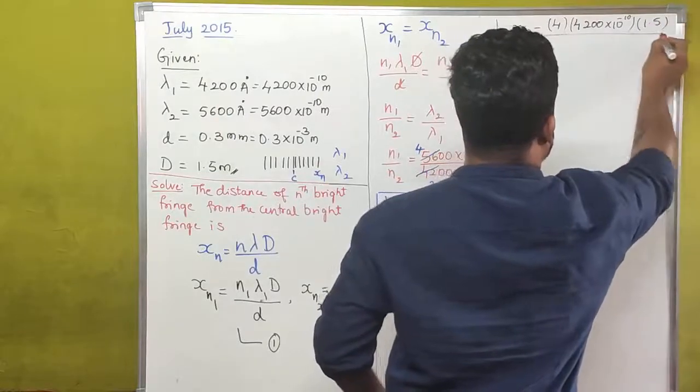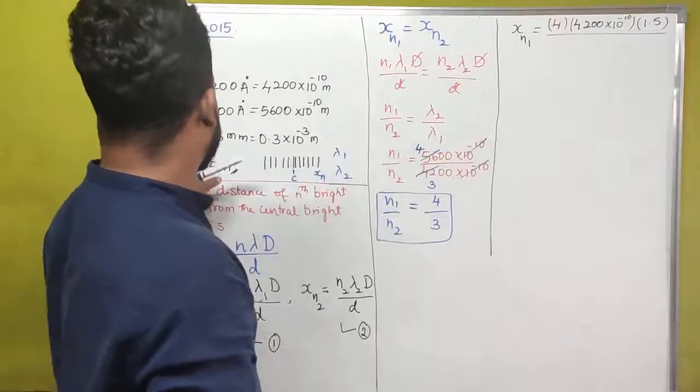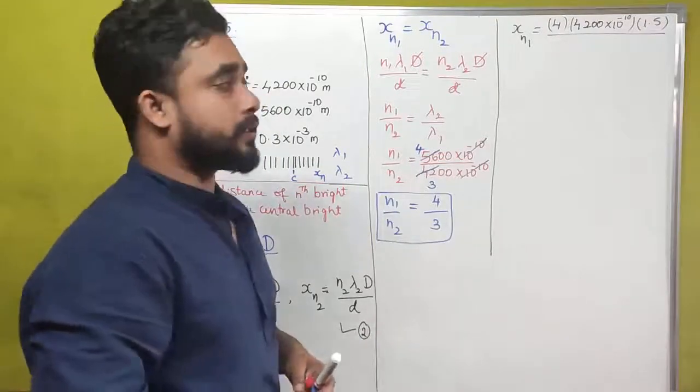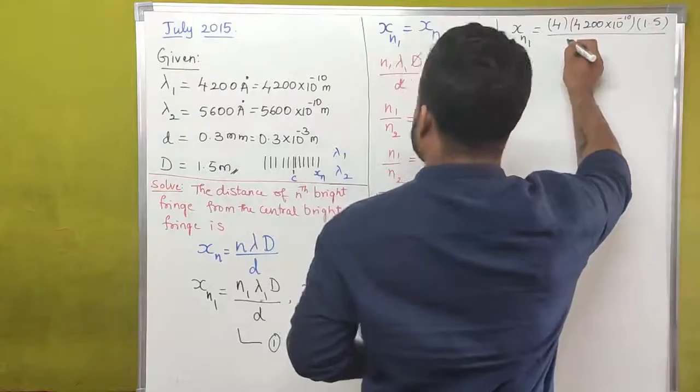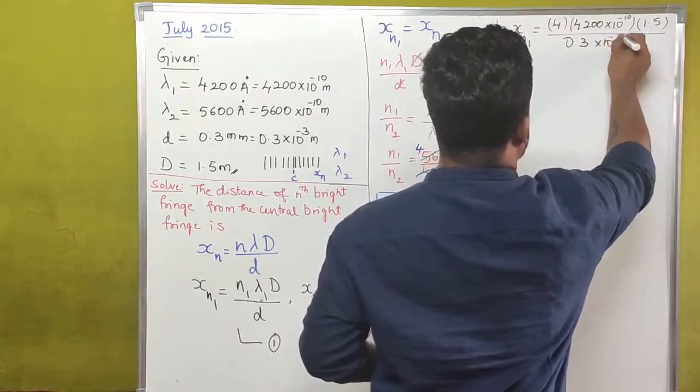Small d is equal to 10 to the power of minus 3 meter, that is 0.3 into 10 to the power of minus 3.